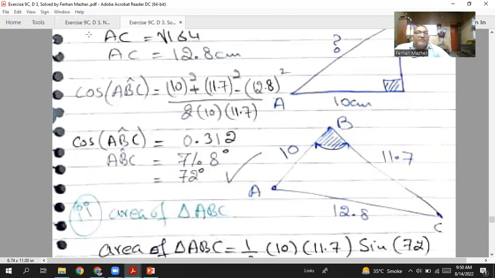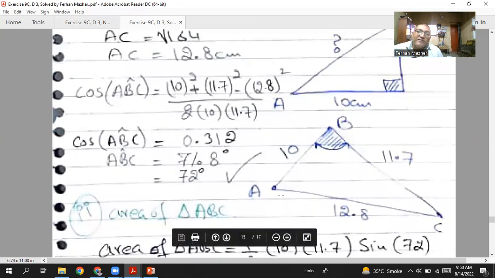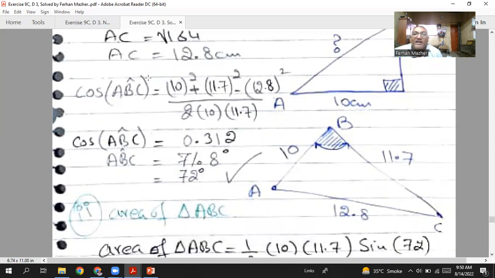So cos of the ABC will be equals to 10 square plus 11.7 square minus 12.8 square. This will be in the numerator. And in the denominator, I will write 2 multiply 10 multiply 11.7. So in your calculator, you will write 10 square plus 11.7 square minus 12.8 square equals to, divide 2, divide 10, divide 11.7 equals to.